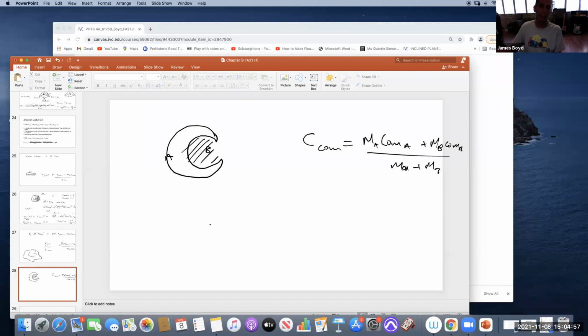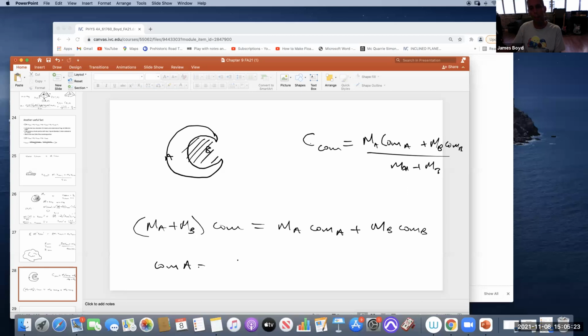And therefore, if I want the center of mass of A by itself, I would get MA plus MB times the center of mass of C is equal to MA times the center of mass of A plus MB times the center of mass of B. Rearranging a little bit, the center of mass of A is equal to MA plus MB times the center of mass of C minus MB times the center of mass of B, all divided by mass A.